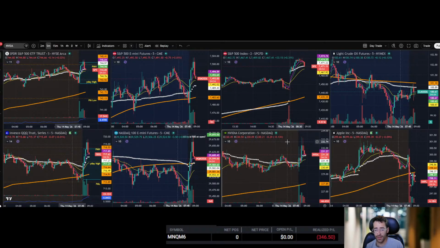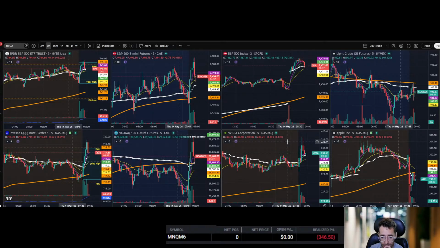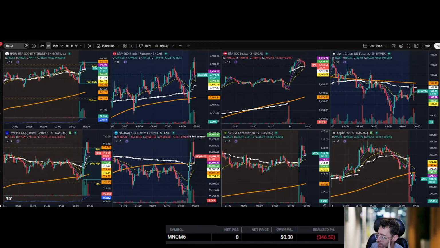Sometimes if I take two trades and one of them I try to go short and it stops me out, and then one I try to go long and it stops me out, that's not good. That's not good when that happens.